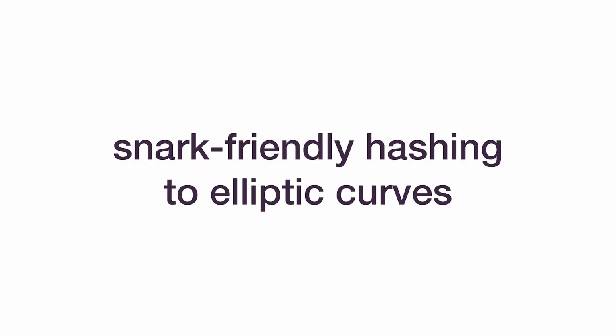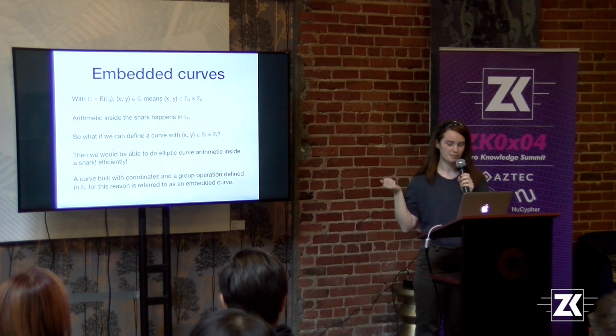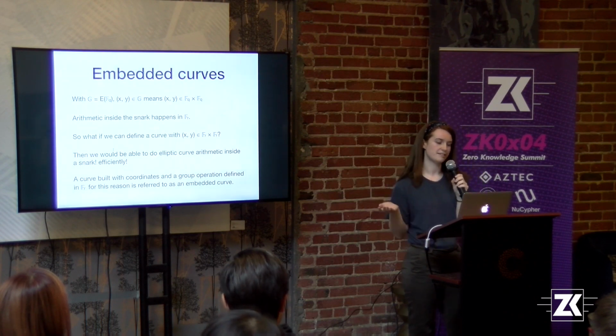So what does SNARK-friendly hashing to elliptic curves look like? We saw in Sean's talk as well, there's such a thing as an embedded curve, which is the curve defined over the scalar field of the original curve. This is where the SNARK arithmetic takes place. So does hashing to elliptic curves inside of a SNARK make sense as a phrase? What this slide is saying is yes, it does.